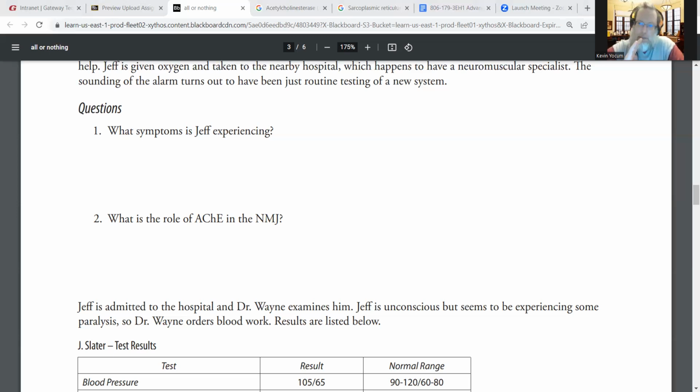So when a trigger, or a stimulus, gets sent down the nerve, it's going to send acetylcholine out of that presynapse, that axon terminal. It's going to dump acetylcholine into the cleft, or the synaptic cleft, and then it's going to travel to what we call the postsynaptic region, which is going to be the muscle.